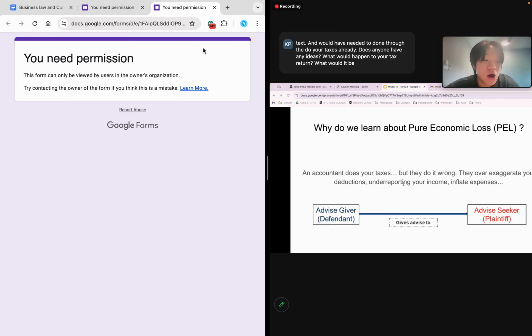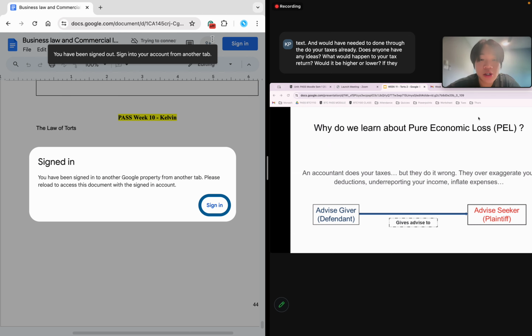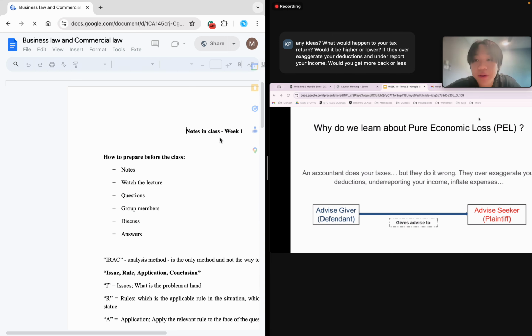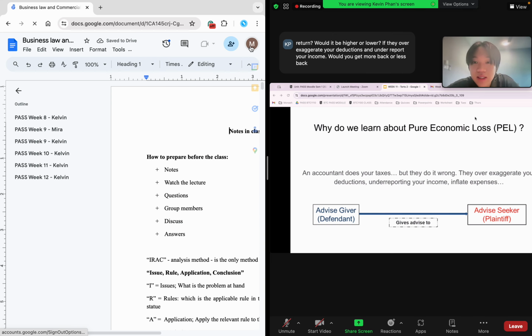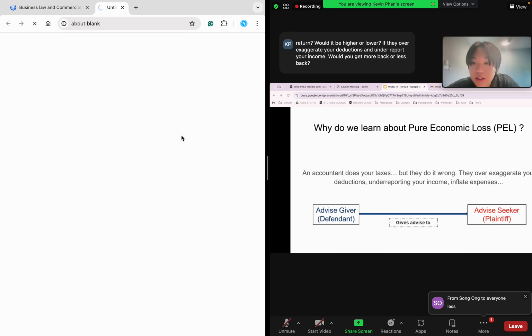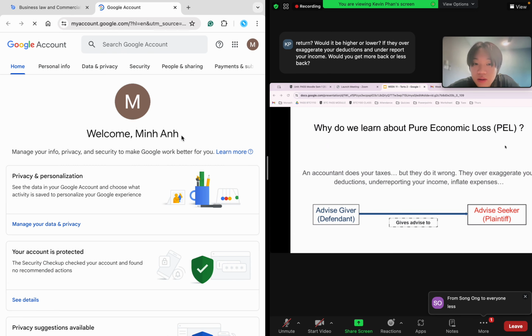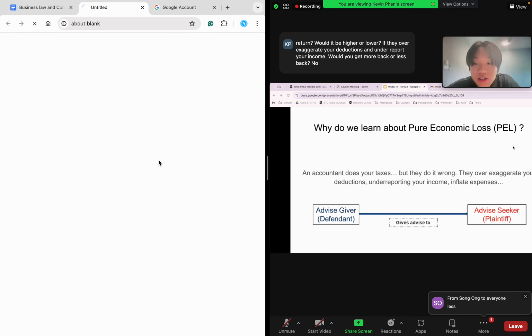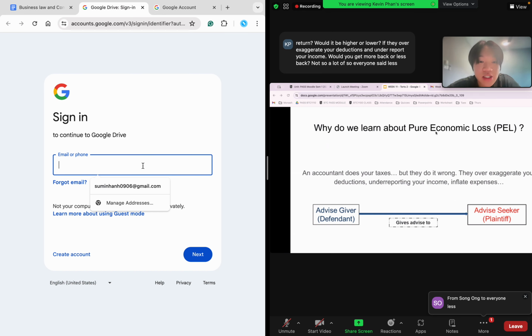Would it be higher or lower if they over exaggerate your deductions and under-report your income? Would you get more back or less back? Everyone said less so far, but that's actually not correct.